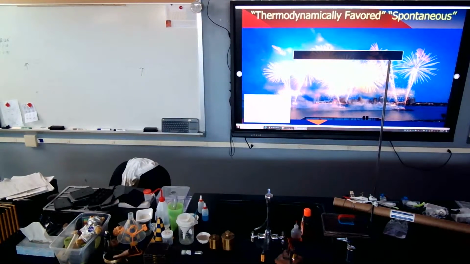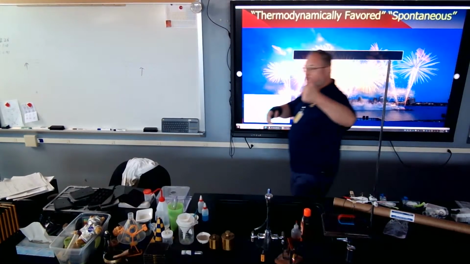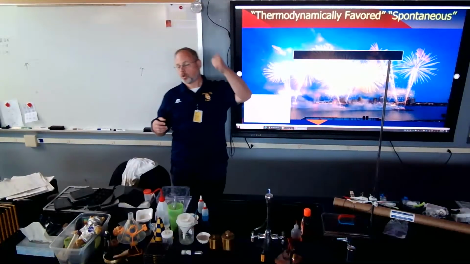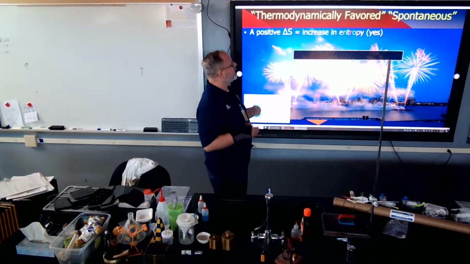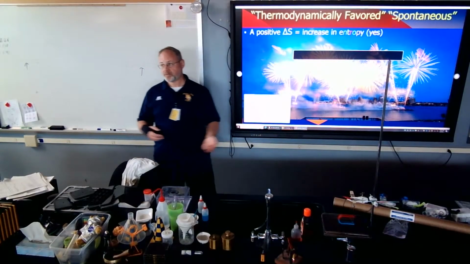So our two drivers of whether the universe wants a reaction to happen or not are heat energy and entropy. Does the universe want a reaction to become more entropic, more chaotic, or less? More. So, a positive delta S, an increase in entropy, is spontaneous.